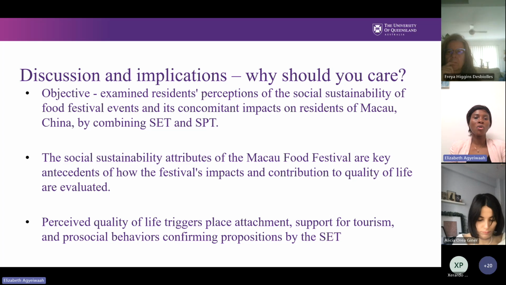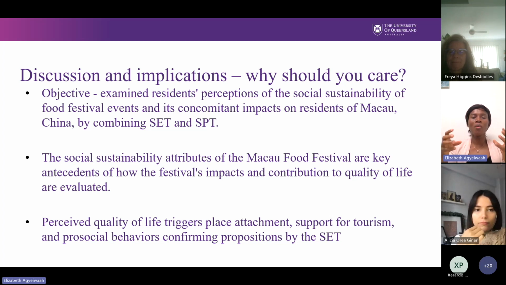So one important thing that we also could add was the fact that we found out that the social sustainability attributes were key antecedents of how the festival's impact and quality of life was evaluated. So residents use the attributes of the event to judge the sort of impact they think the event will have on them and the sort of quality of life consequences it has on them.